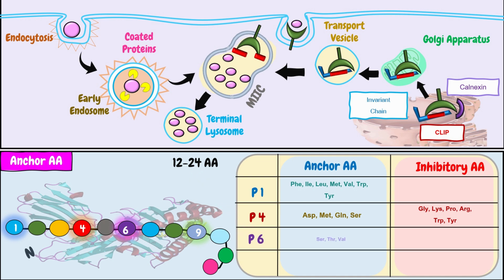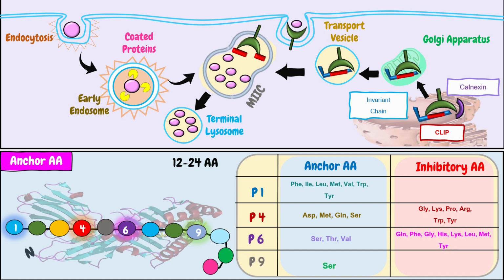At position 6, anchor amino acids are serine, threonine, and valine, but inhibitory amino acids at position 6 are glutamine, phenylalanine, glycine, histidine, lysine, leucine, methionine, and tyrosine.